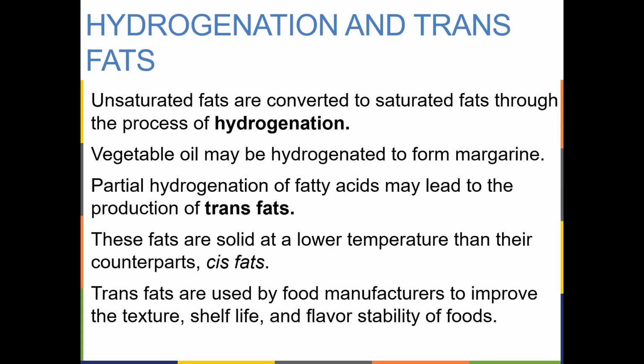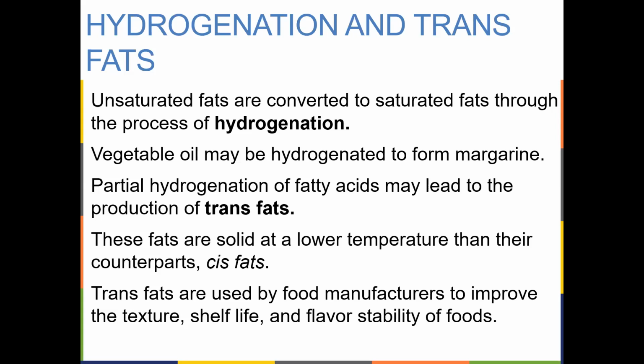So now, one of the problems with hydrogenation is it can create something known as trans fats. We have cis fats and trans fats. It has to do with which way the molecule bends. Does it bend to the left or does it bend to the right? One of them is a trans molecule, and one of them is a cis molecule. Trans fats have to do with direction, the shape of the molecule.